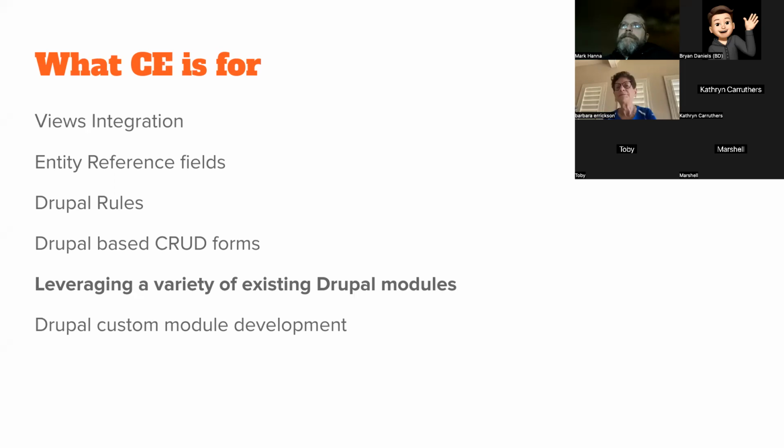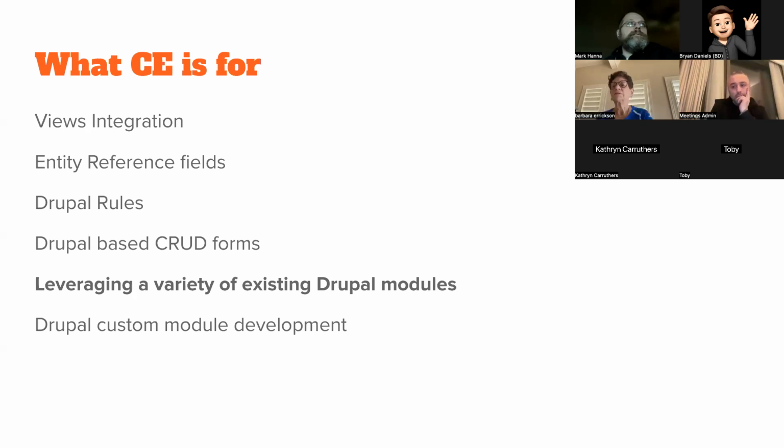But also, and it's kind of the point of this and future webinars, is leveraging a variety of existing modules, because what CiviCRM Entity is doing is providing a wrapper around the CiviCRM API and exposing the CiviCRM data to be used by any Drupal API, so all the Drupal Entity API, to make it as if it is native to Drupal.